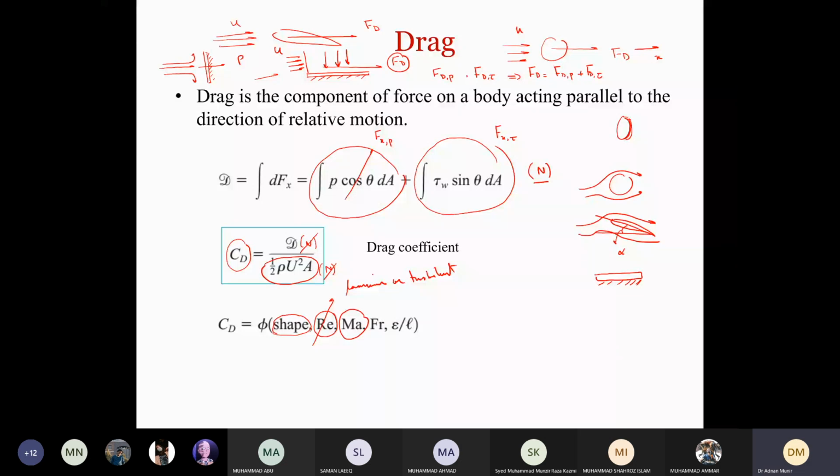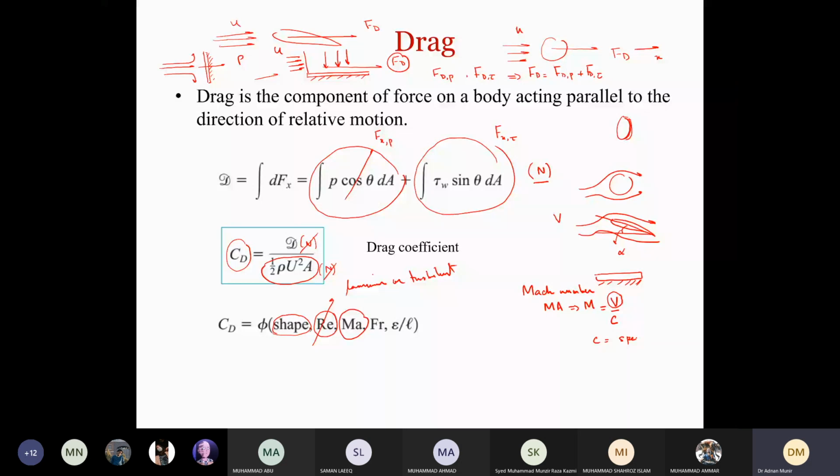Mach number is also a non-dimensionalized number. It is denoted by Ma or simply M, and it is given by capital V over C, where V is the incoming flow velocity. So in case of an aerofoil, this is V. V is the incoming flow velocity, and C is the speed of sound.